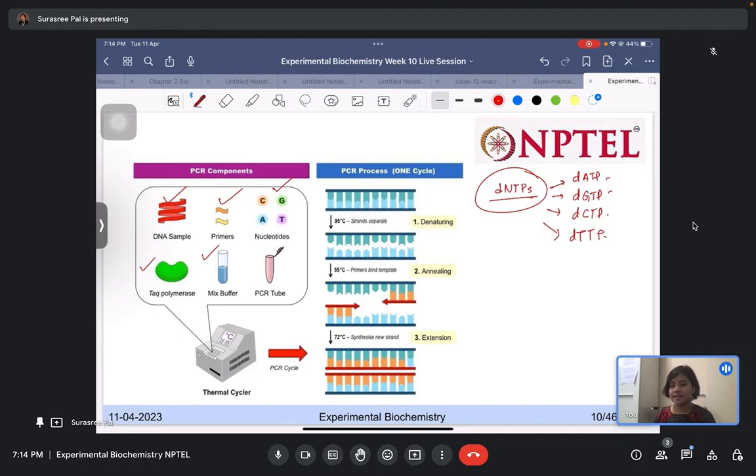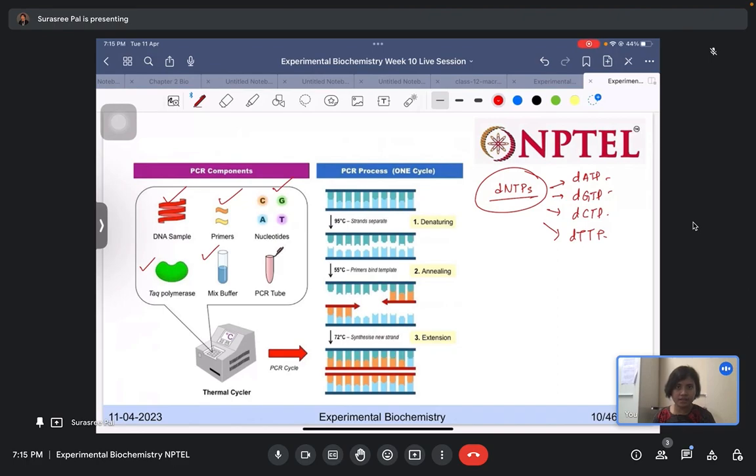Because there is an enzyme which will elongate the DNA molecule, and for the function of this enzyme, we need to provide a certain buffer in which the enzyme will be most functional. So this buffer is provided, right?